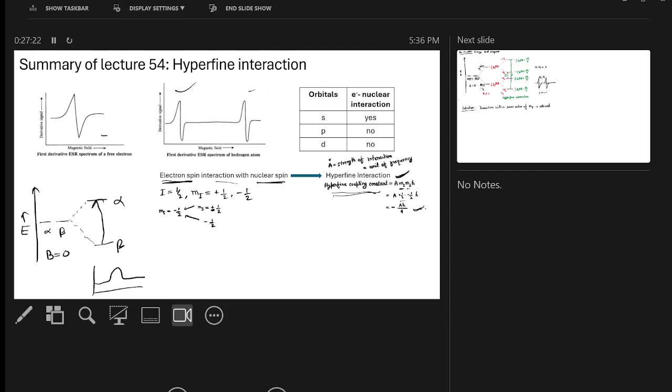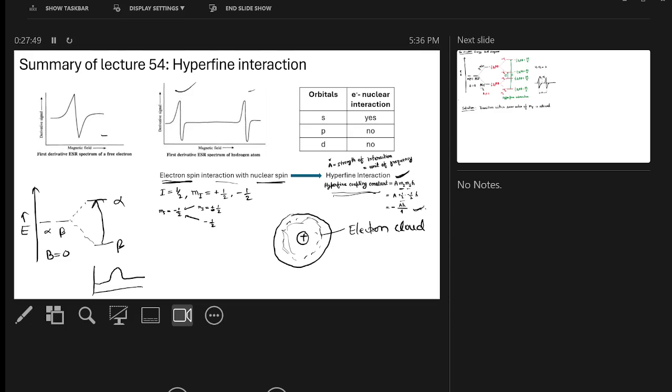So we have the hydrogen nucleus and this is your electron cloud.